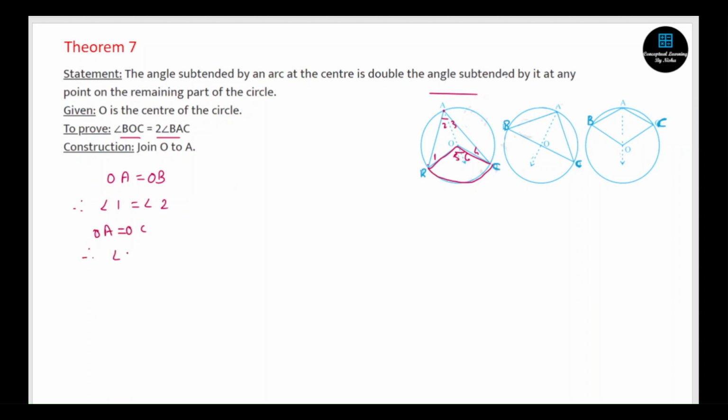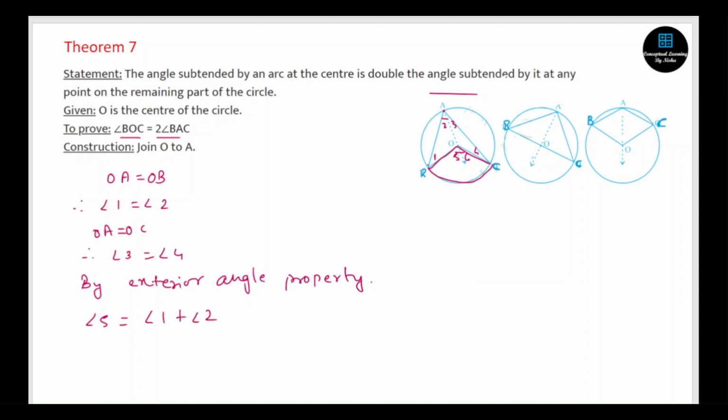Therefore, angle 3 equals angle 4. Correct? Now, by the exterior angle property, what can I say about angle 5?